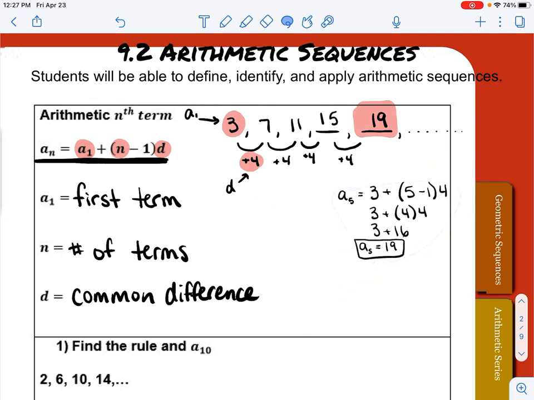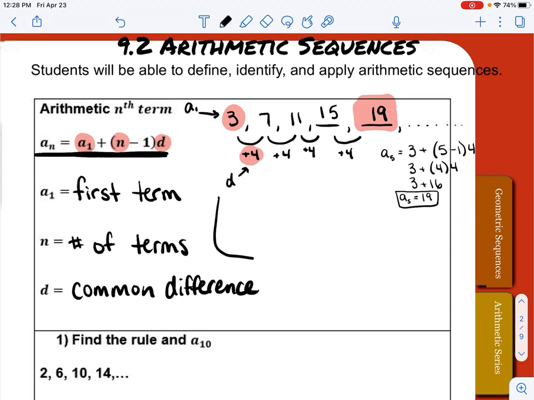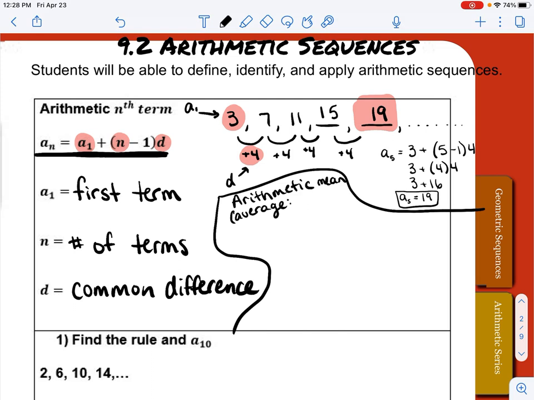Now, one other thing I want to go over is just a plain old average. So if you are asked, the question will ask you for the arithmetic mean. This simply means the average. Okay? So say I tell you to find the arithmetic mean of 3 and negative 9.